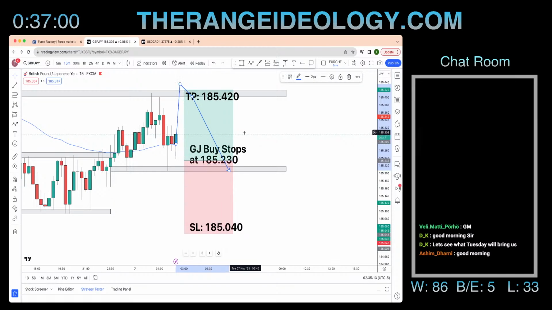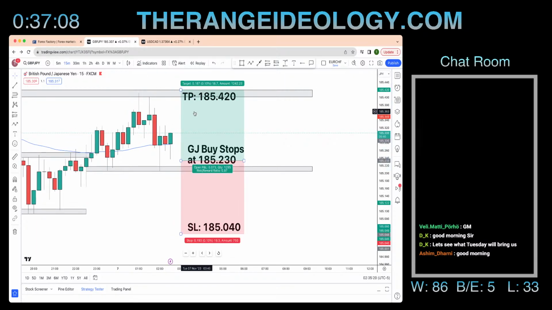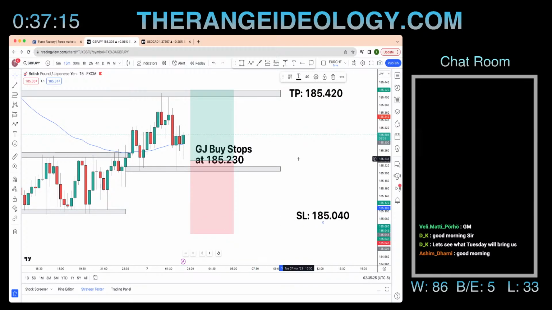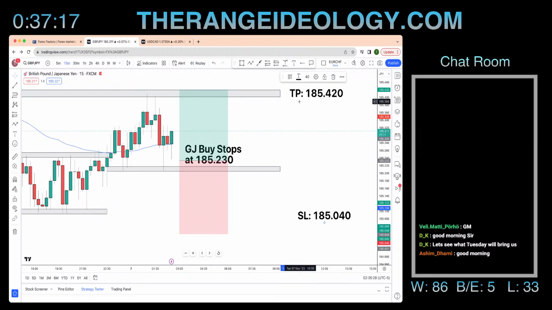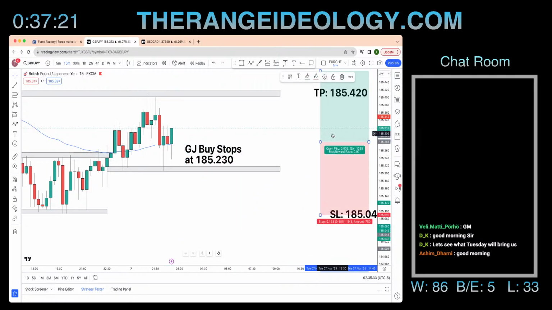So let's see. Again, if it pushes strong here, I may consider that and move this on the side here. Now it appears to be moving strong. Let's see. Yep. Look at that.